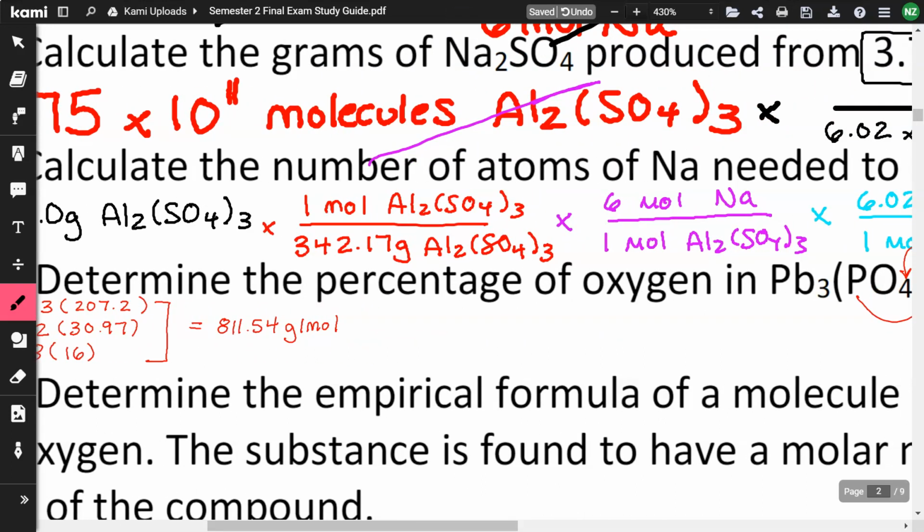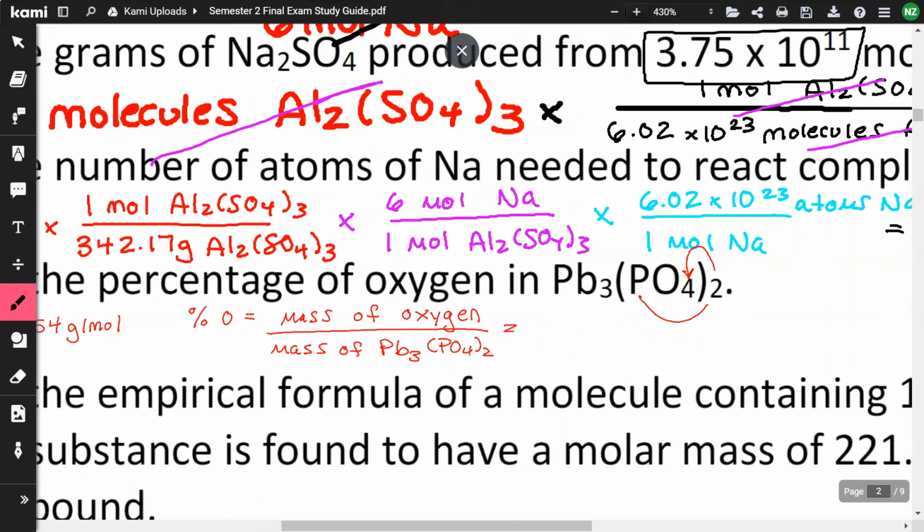Now, to get the percent of oxygen, it's going to be the mass of oxygen over the mass of the whole thing. So Pb3(PO4)2.